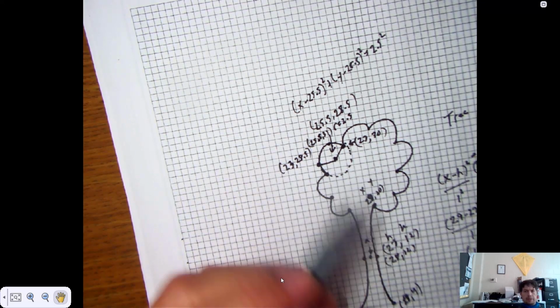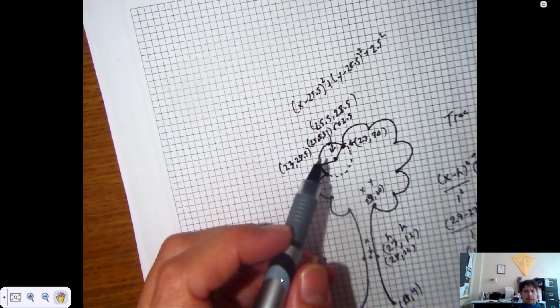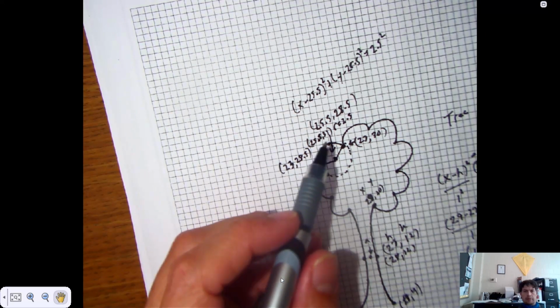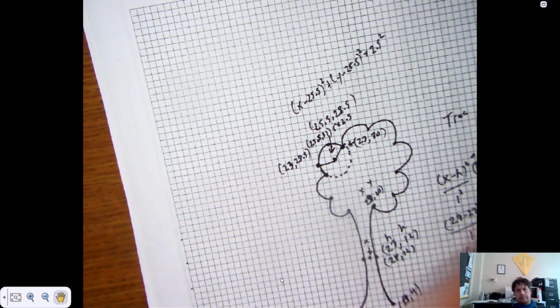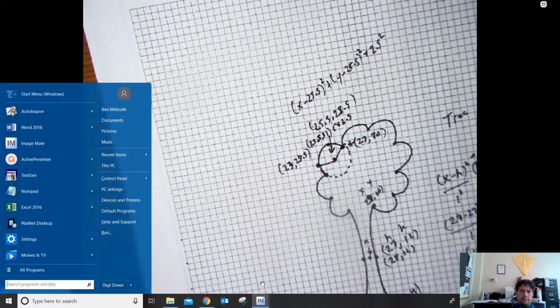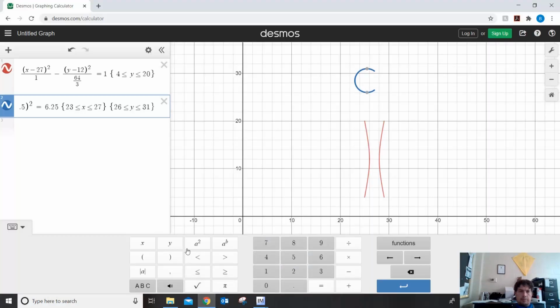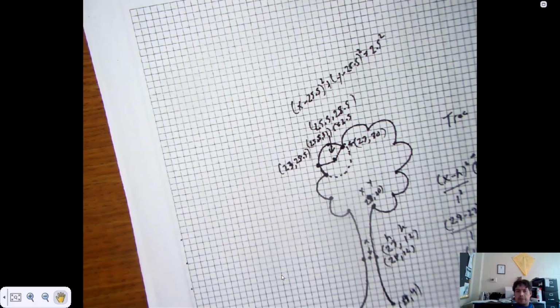And the Y value is going to be stuck between 28.5 and 31 up here. So 23 to 27 on X. And the Y value, I done forgot what it was, to be honest with you. 28.5 to 31.